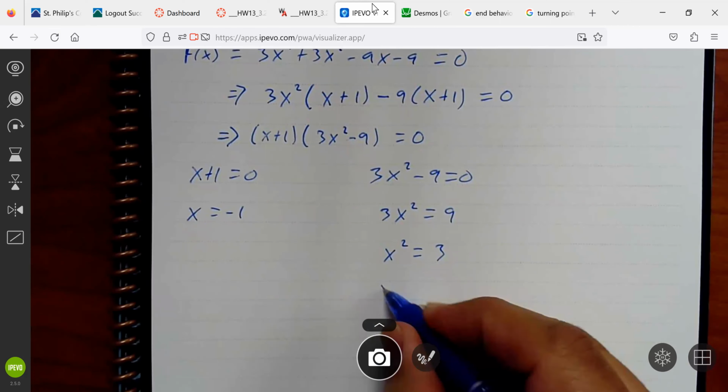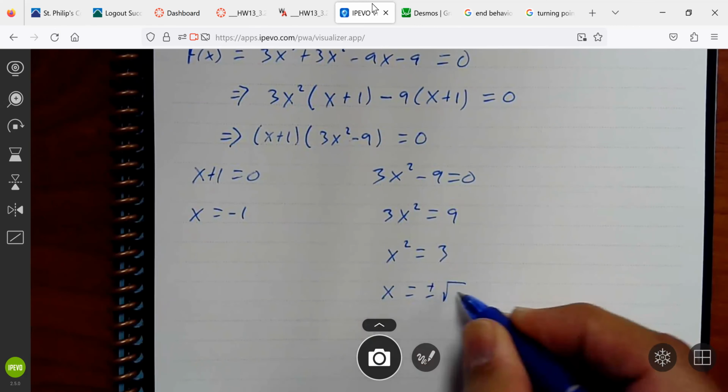So x would be plus or minus root 3, right?